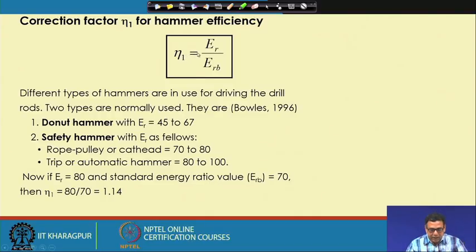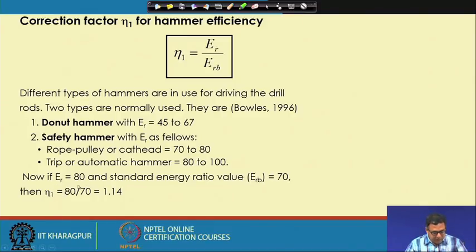For different hammers this ER value is different, as I mentioned in the last class, and these are the different values. If the ER value is 80, for an automatic hammer, and the standard energy ratio ERB is 70, we have to convert it. ER is 80, but we will represent it in 70. So basically we applied more energy, and now we are representing it at a lower energy, so our N value should increase.